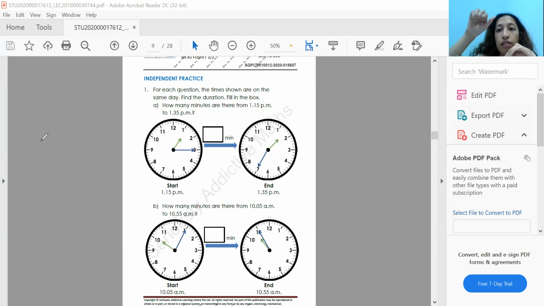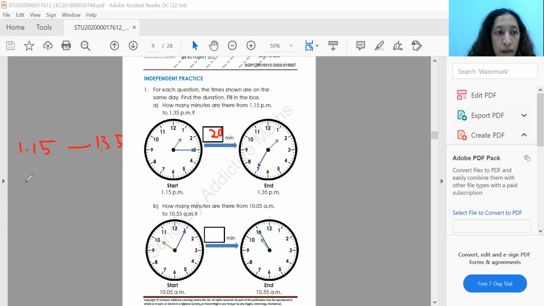So 1:15, 1:20, 1:25, 1:30, 1:35. So how many minutes is that? That is 20 minutes, right? 5, 10, 15, 20. There we go. Okay. So 1:15 to 1:35.